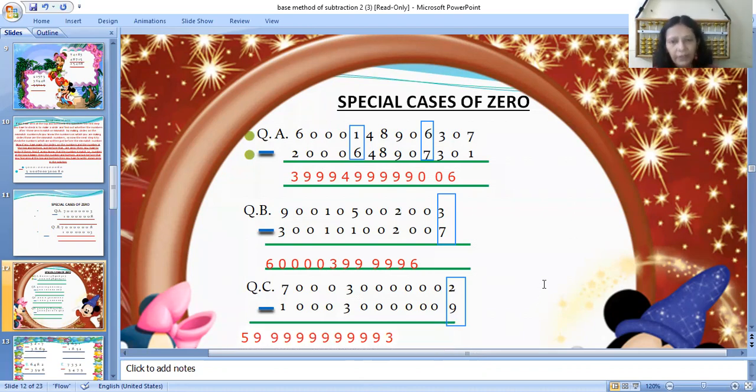You check with the help of a calculator all these questions. Why have I done all this? Because you see now in all these questions, you are not required to do any borrow over. This is saving your effort of making the borrow over. If you borrow, you will definitely make some mistake.